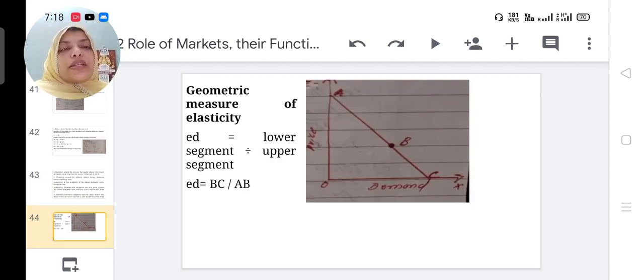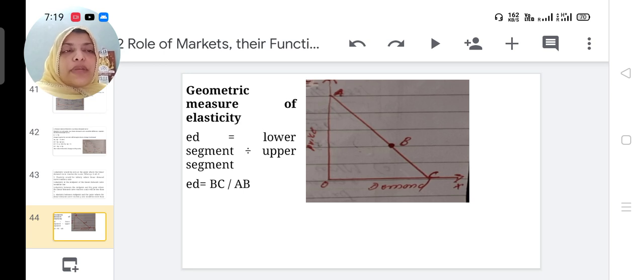Then the third method is the geometric measure of elasticity. Here ED is equal to lower segment divided by upper segment. Suppose you look into this diagram. On the y-axis we measure price, on the x-axis we measure demand.